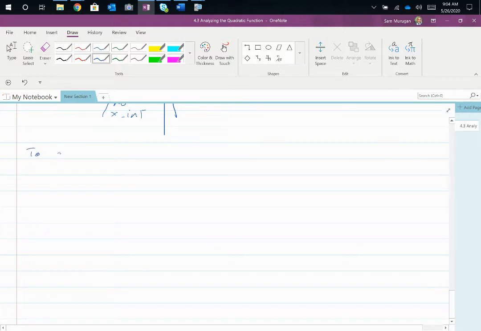To analyze a quadratic function. Step one, you determine if it's turned up or down. Remember, to be turned up, a has to be greater than 0.